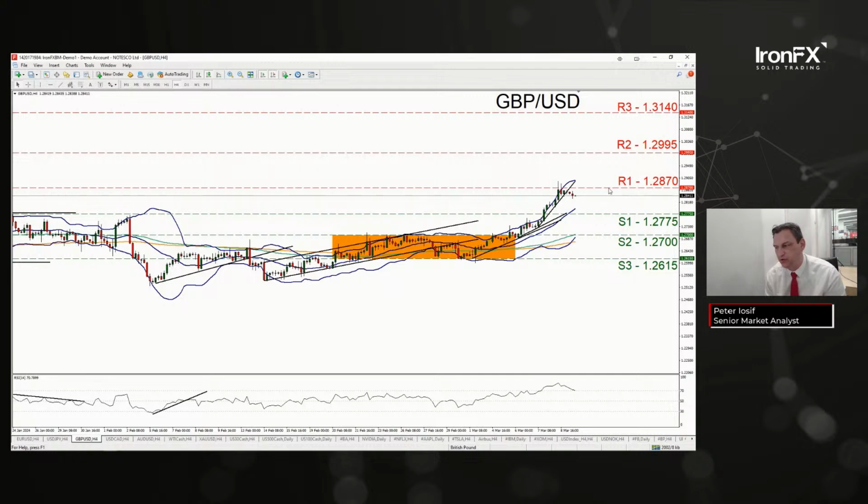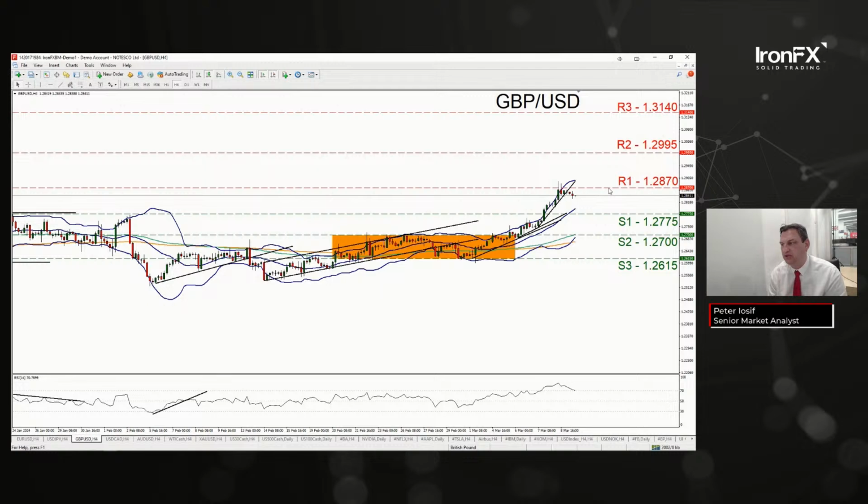But the RSI indicator remains at the reading of 70, implying that there is still a strong bullish sentiment for the pair, which could push it even higher. In my opinion, the upward movement may regain traction, and if so, we may see the price action of cable breaching the R1 1.2870 clearly.